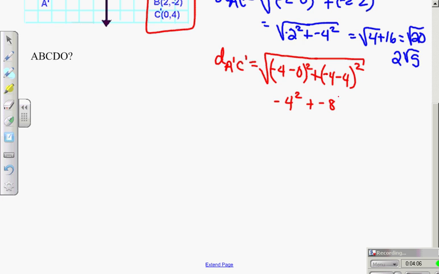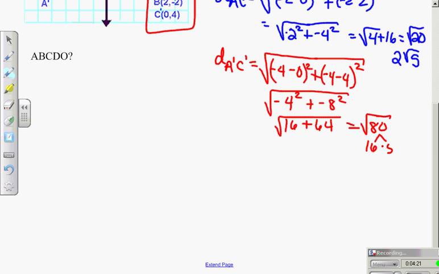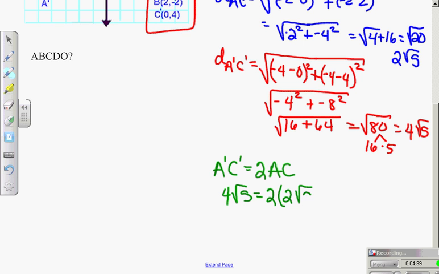So I've got (-4) squared plus (-8) squared, which means I have 16 plus 64, which gives me the square root of 80. Work your simplifying. The square root of 80 is 16 times 5, which is 4 square roots of 5. And so you can see that A prime C prime is equal to 2 times AC, because 4 square roots of 5 is equal to 2 times 2 square roots of 5.